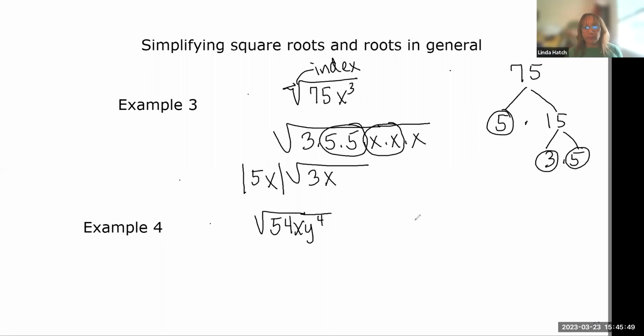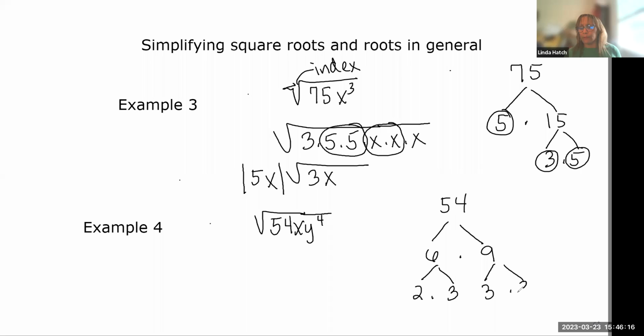So I'm going to take my 54, just like I did earlier, and I'm going to break it down into factors, okay? 54, we know that's 6 times 9, okay? If you're ever not remembering them, if it's an even number, it's divisible by 2, okay? So I could have picked 2 and 27, same difference. So we'll still wind up with the same prime factors.